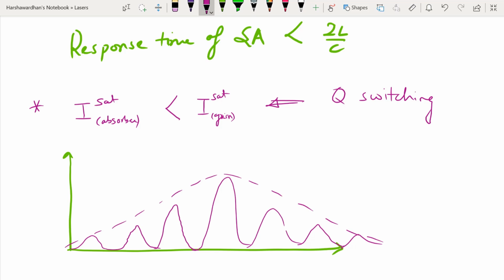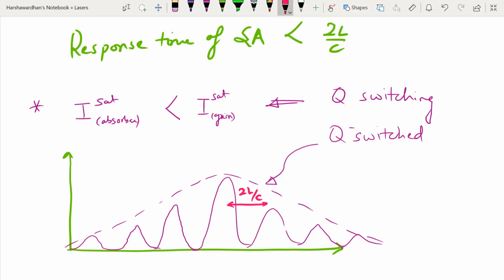This profile is that of the Q switched giant pulse, whereas the spacing between the pulses is simply 2L by C. This is the kind of spacing mode locked pulses would have. So this is the kind of behavior one might get when one has both Q switching and mode locking working together.